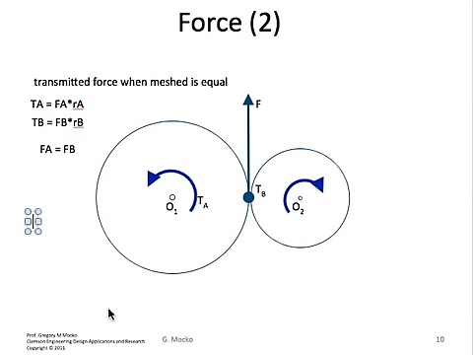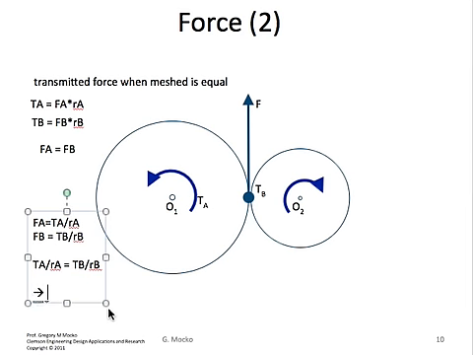FA is equal to TA divided by RA, and FB is equal to TB divided by RB. Manipulate those together, we get TA divided by RA is equal to TB divided by RB.